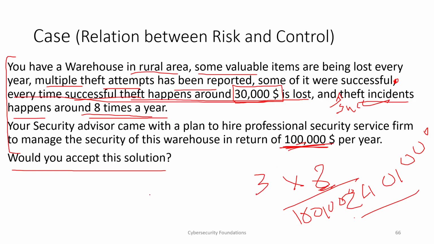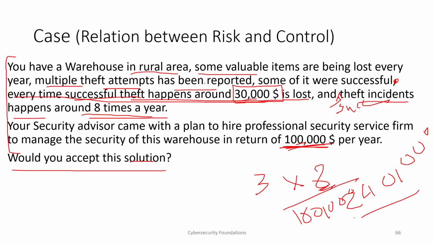So in this case, I would accept the solution. But of course, if the total lost value every year was like 30,000, then the cost of the security control would exceed the value of the asset we are trying to protect in the first place.